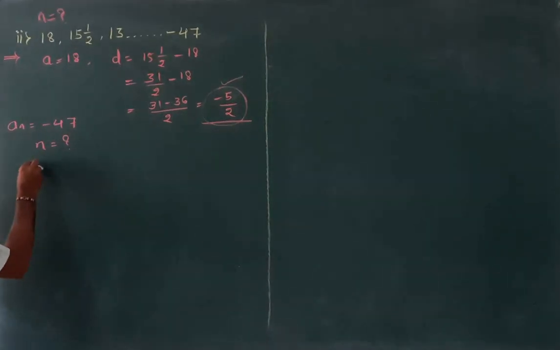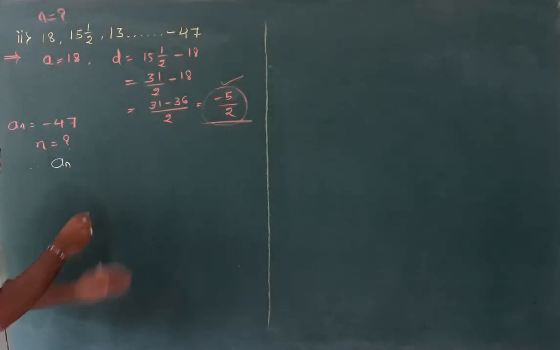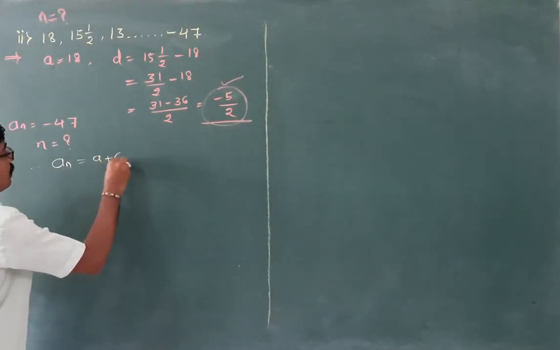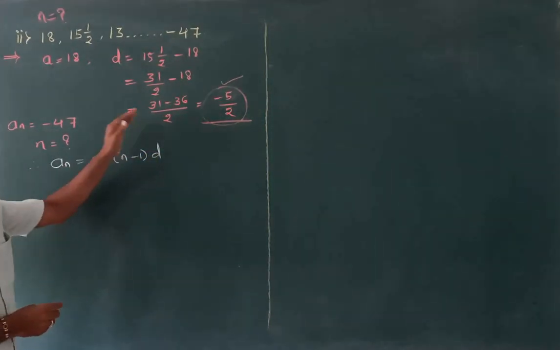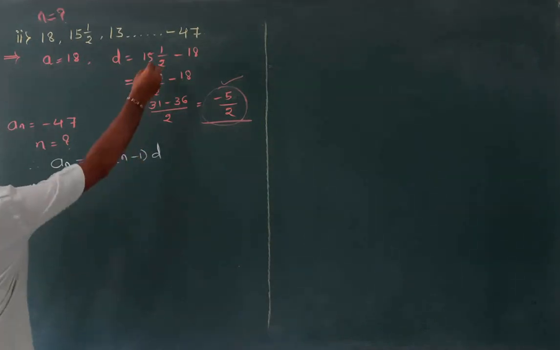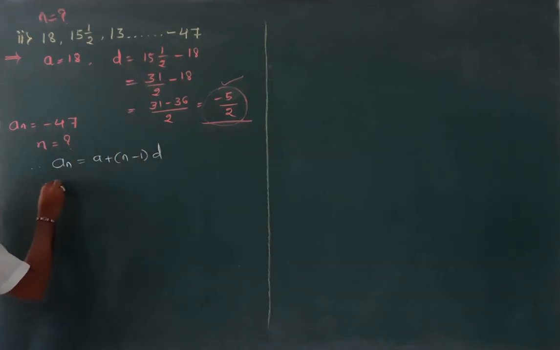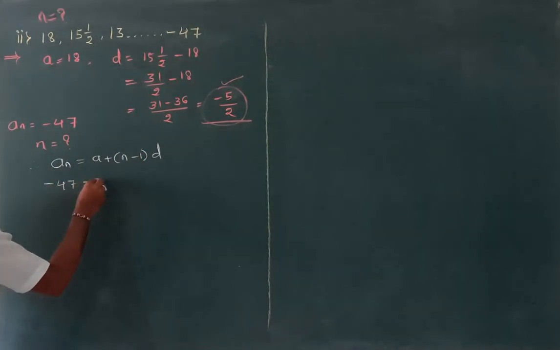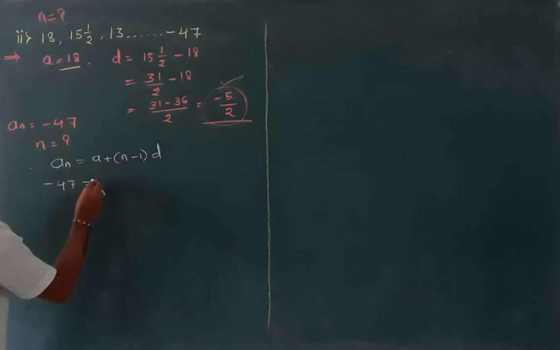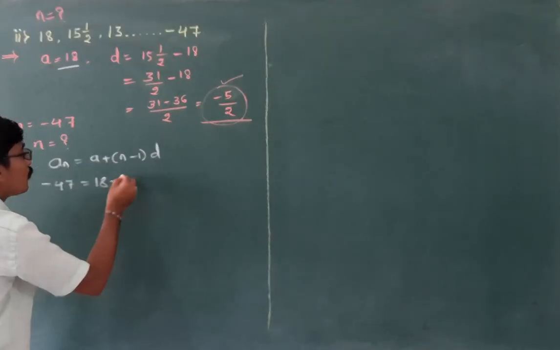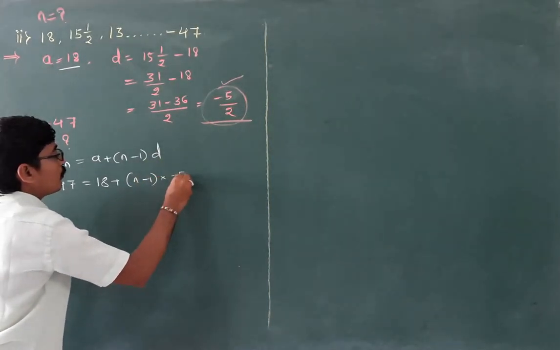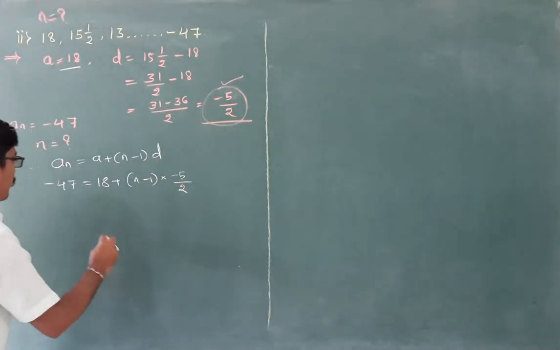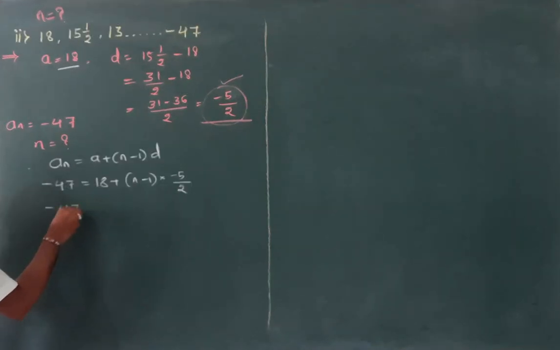So we know the formula. Therefore, the nth term of an AP is an is equal to a plus n minus 1 into d. So the an value is minus 47. Minus 47 here, which is equal to a value 18 plus n value we don't know, n minus 1, d value minus 5 by 2. Minus 47 as it is.